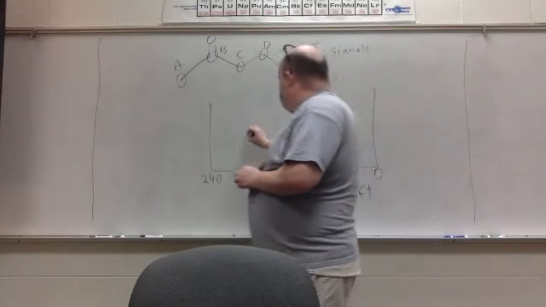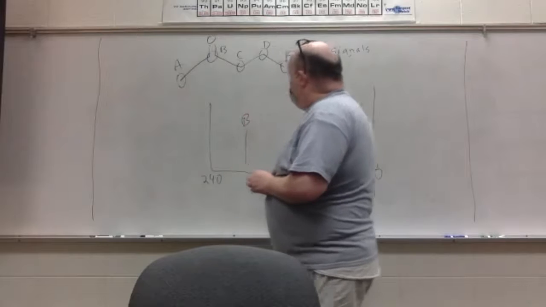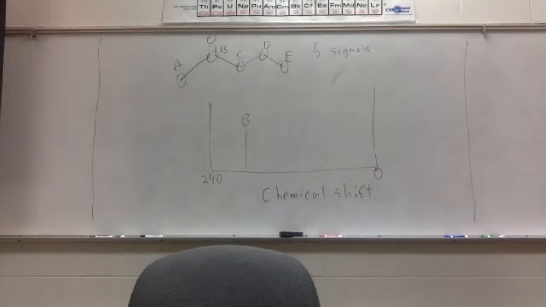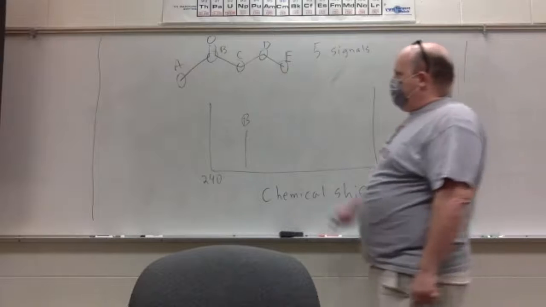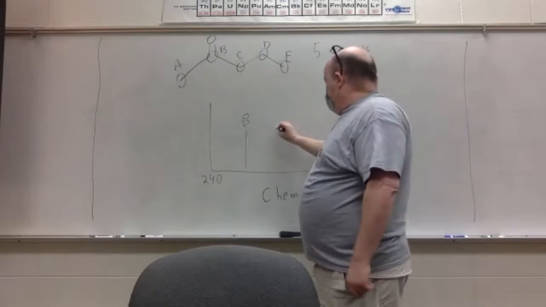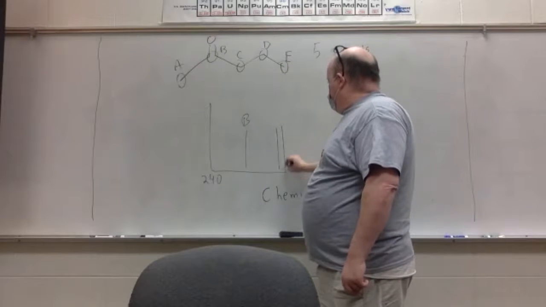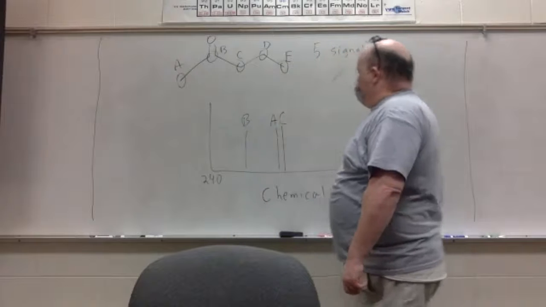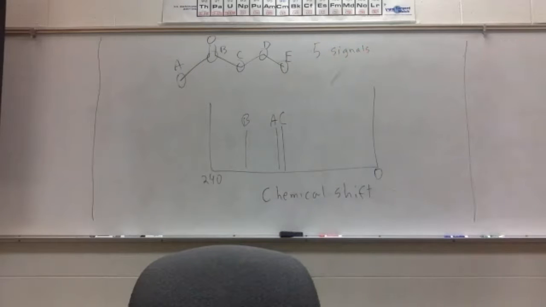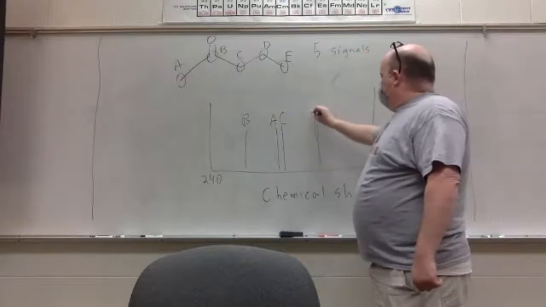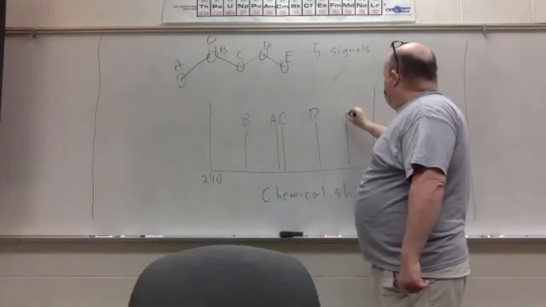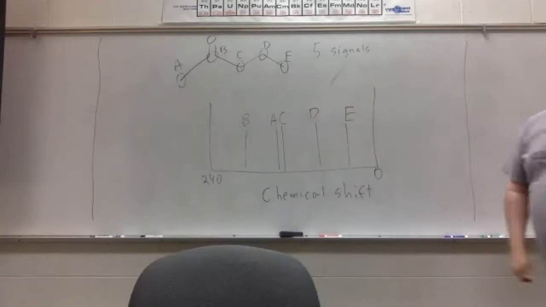And you'd be correct. Signal B would definitely be furthest downfield by probably quite a bit. Next would be A and C. I'm not sure exactly what order they'd be in. They'd be pretty close. And then D, and then E.